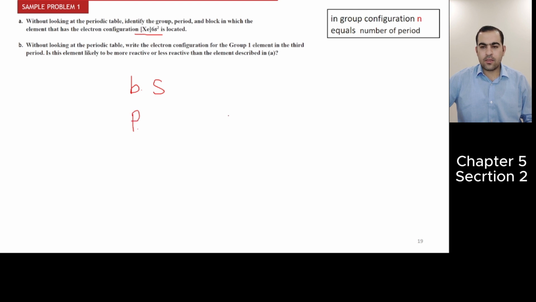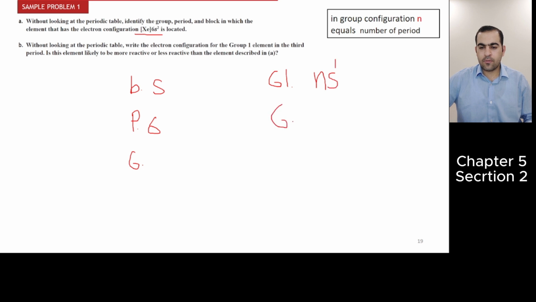The period means what? In an electron configuration, period means the highest occupied energy level, or the number before the last s. The number before the last s equals what? 6. So this element is in the 6th period. So in which group? For the group, we need to know the group configuration. The group configuration of group 1 equals what? ns1.